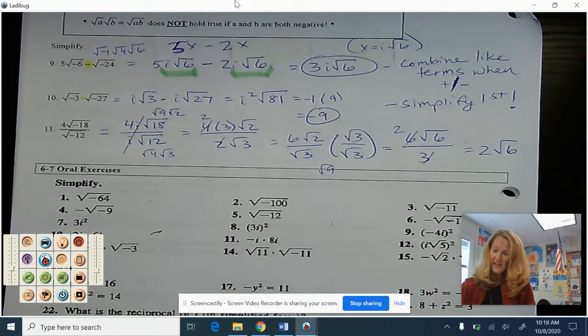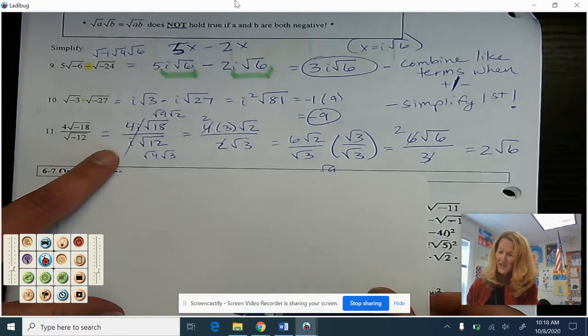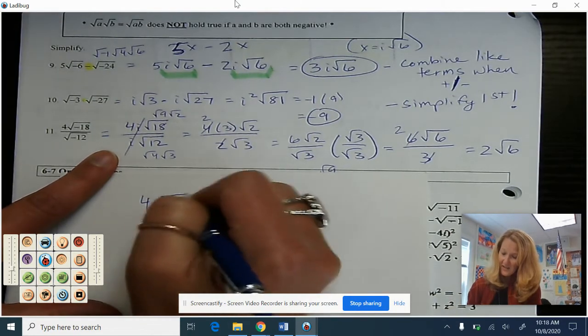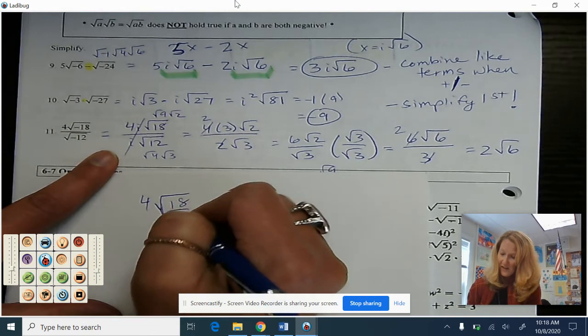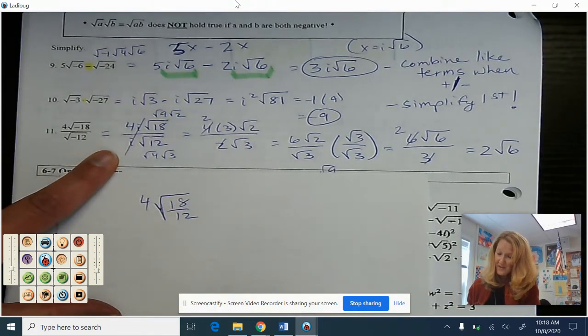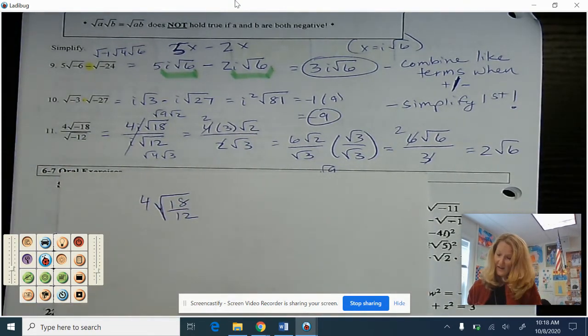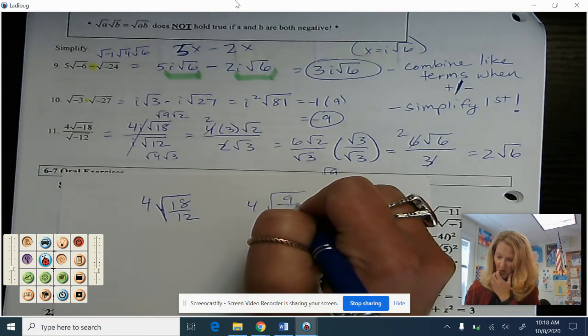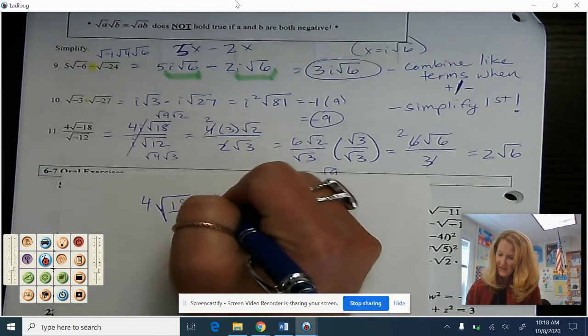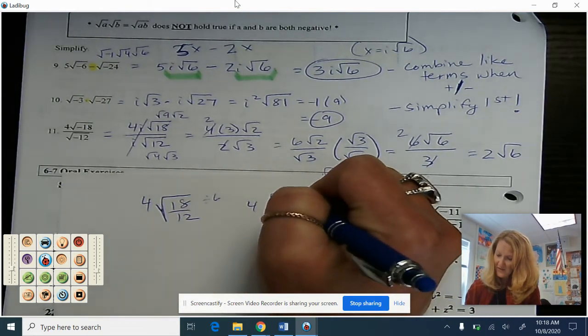Now, that said, this time when I did this question, I actually noticed that the 18 and the 12, they're both divisible by 2. So if you wanted, you could have made that 9. No, they're both divisible by 6. Divide by 6. So then that would be 3 halves.